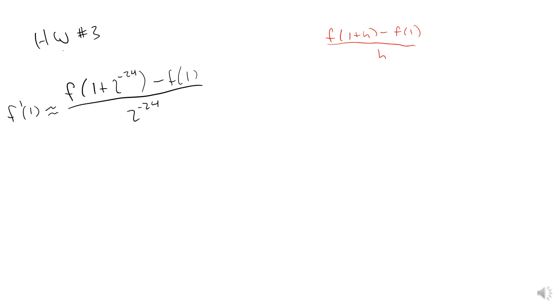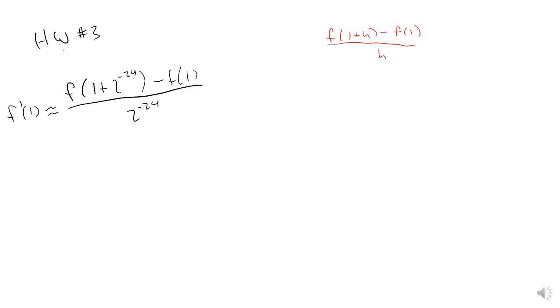And the idea is that the closer h gets to 0, the closer this quotient should be getting to our derivative. Now, something we did talk about in the last slide is we have this balancing act between our truncation error and our round-off error, and when we're dealing with computers, there's kind of a limit to how small we can make h.